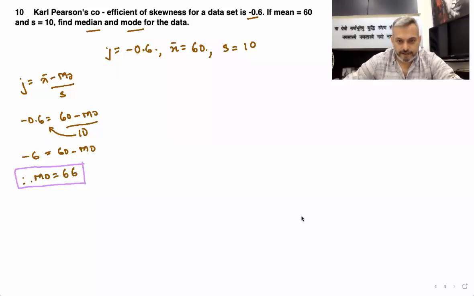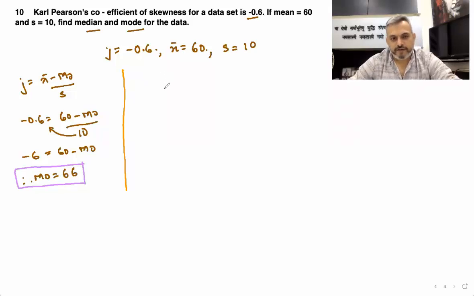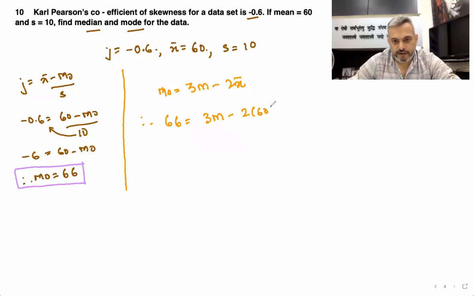Now we go for the next part. You got the mode, now we have to find the median. For the median, you can use our standard formula. You have mode, you have mean, we can find the median. Mode is equal to 3m minus 2 x bar. So therefore 66 is equal to 3m minus 2 into 60.